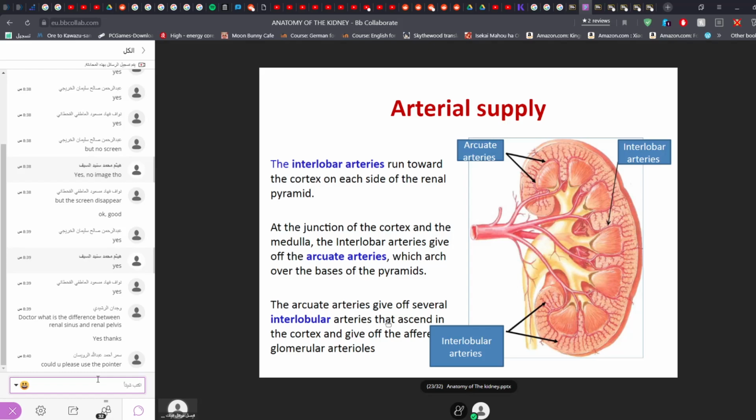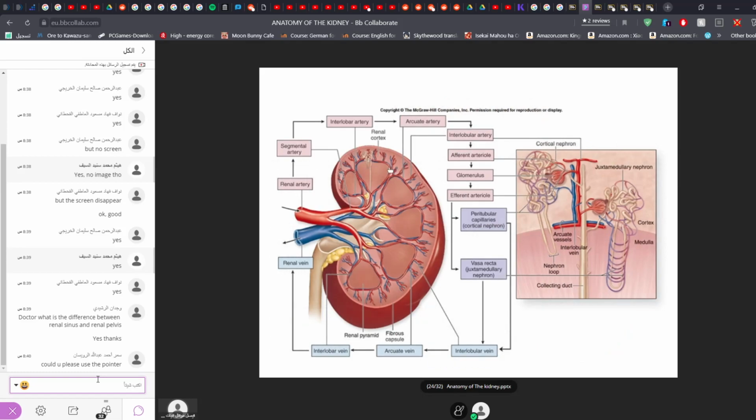So it ascends in the cortex and gives off afferent glomerular arteries. We know that the functional unit of the kidney is called the nephron. Here you can see the pyramid: renal, segmental, interlobar, arcuate, interlobular.